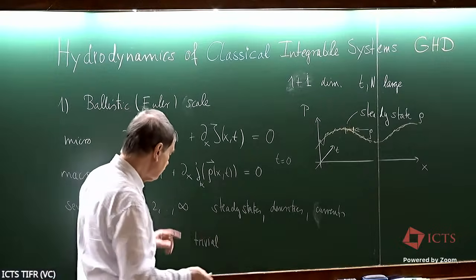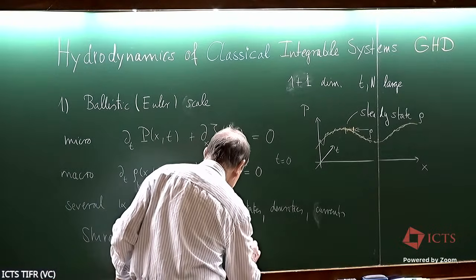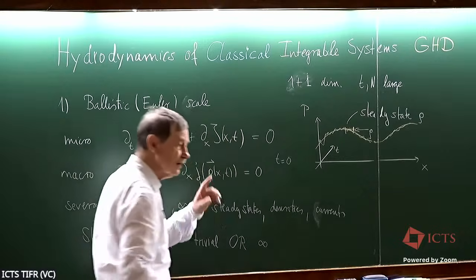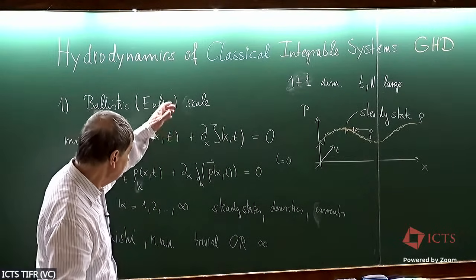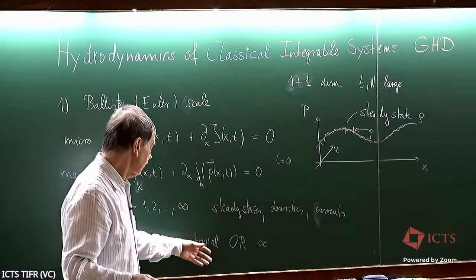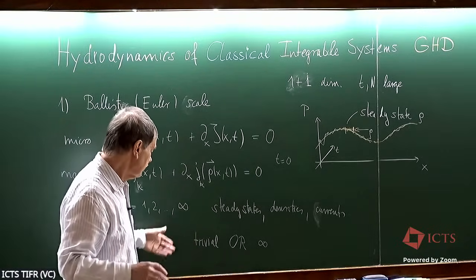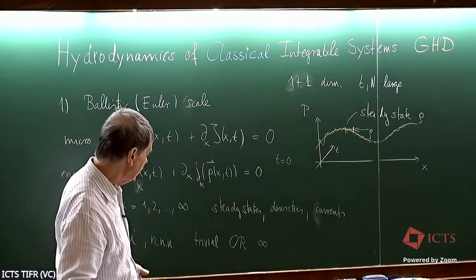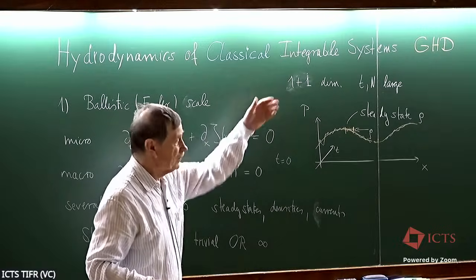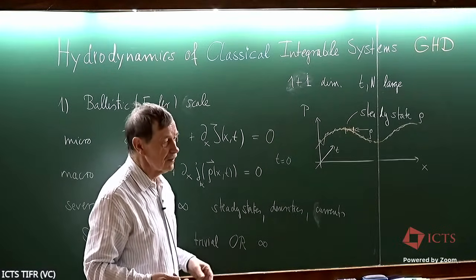So you have either trivial or you have infinity. There's nothing in between. In the trivial case, when we know that there are only a few conservation laws, then we can do conventional hydrodynamics, which has been around for a long time, or we have the case of an infinite number, and that's generalized hydrodynamics.